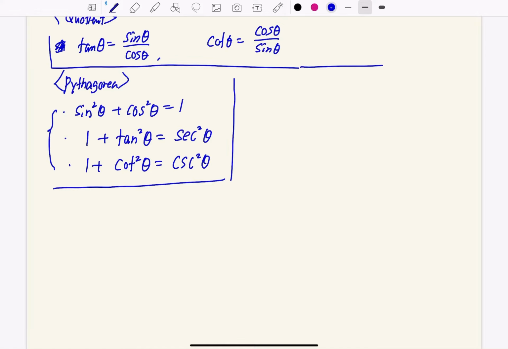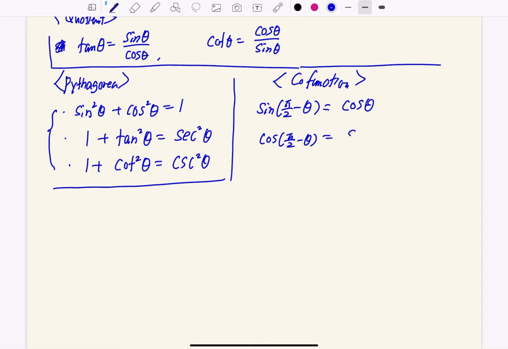Next one is the cofunction identity. The first cofunction identity is this. Sine of pi over 2 minus theta is equal to cosine theta. Or cosine of pi over 2 minus theta is equal to sine theta.